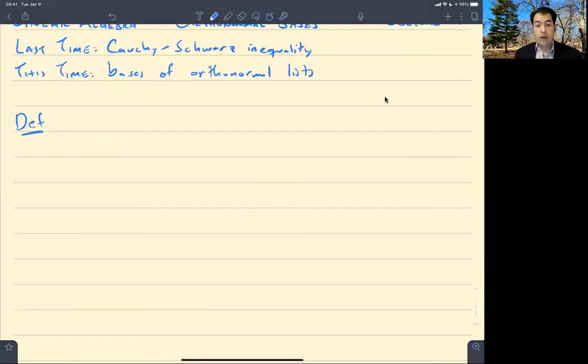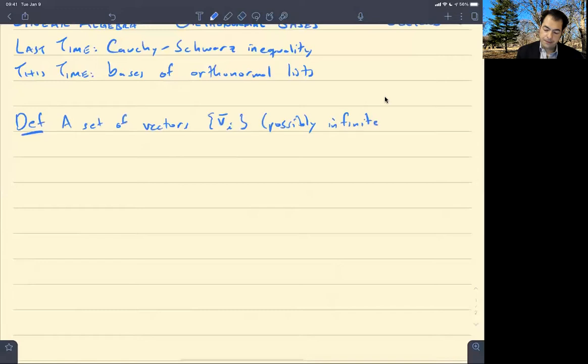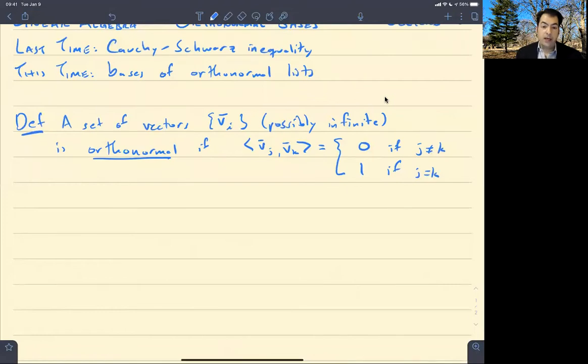Okay, so let's start straight off with the definition. A set of vectors, v sub i, could be infinite, is orthonormal if the inner product between any two of them is either 0 when j is different from k, or equal to 1 if j is equal to k.